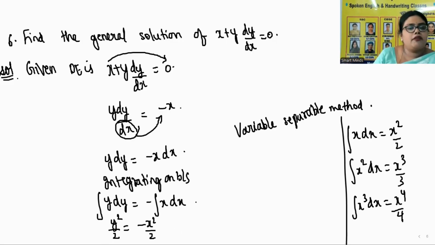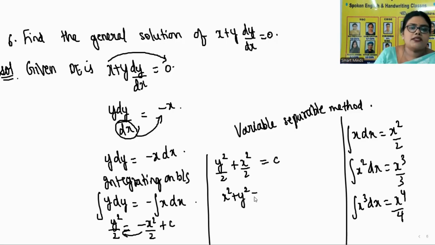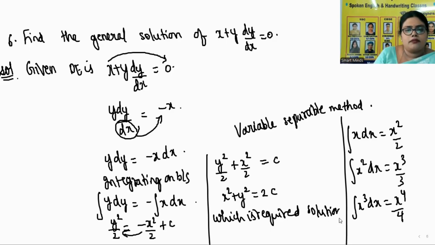Whenever you integrate, we write plus c. So now you take this negative term to the left hand side. So y square by 2 plus x square by 2 is equal to c. So x square plus y square is equal to 2c, which is the required solution. Did you understand? Yes, ma'am.